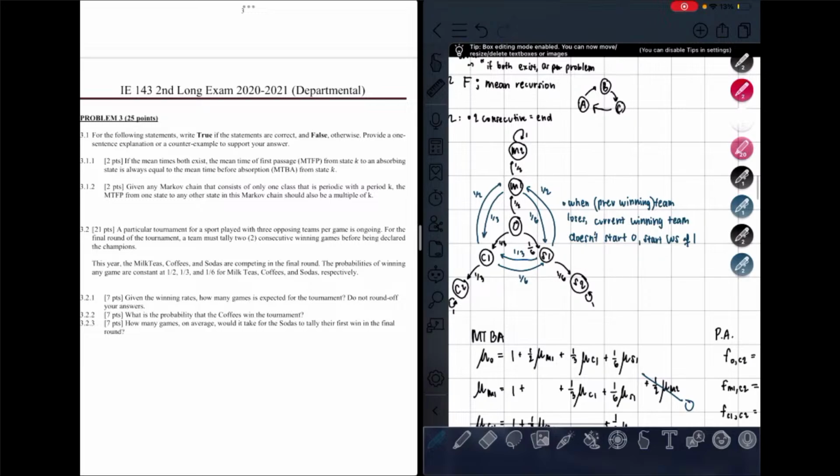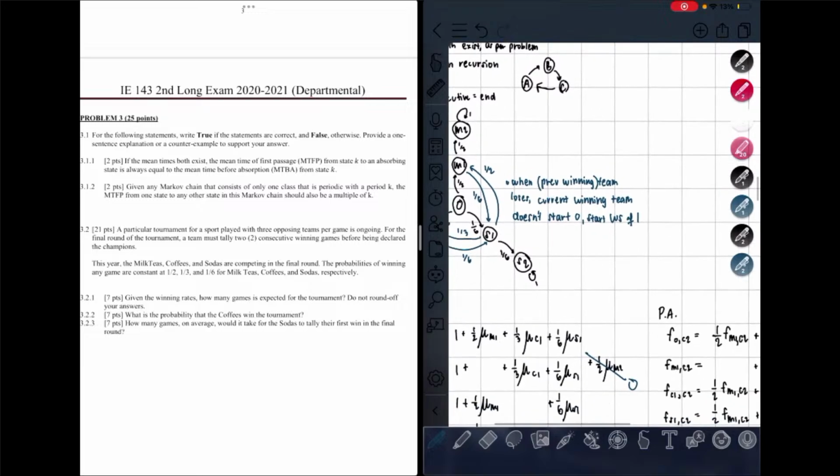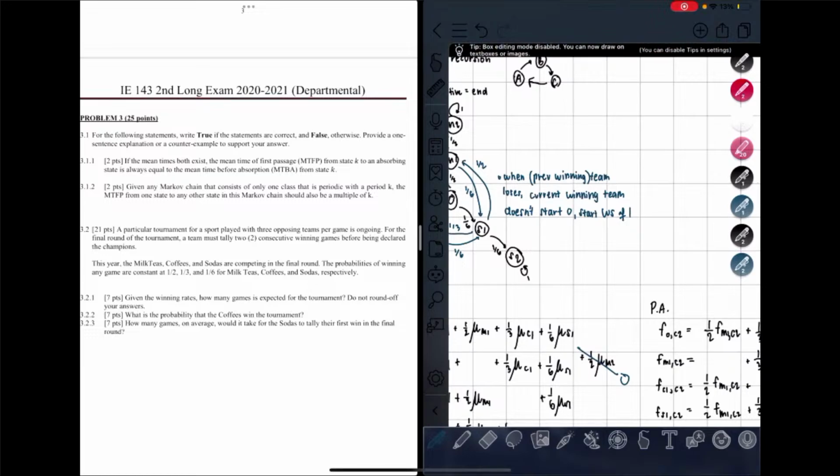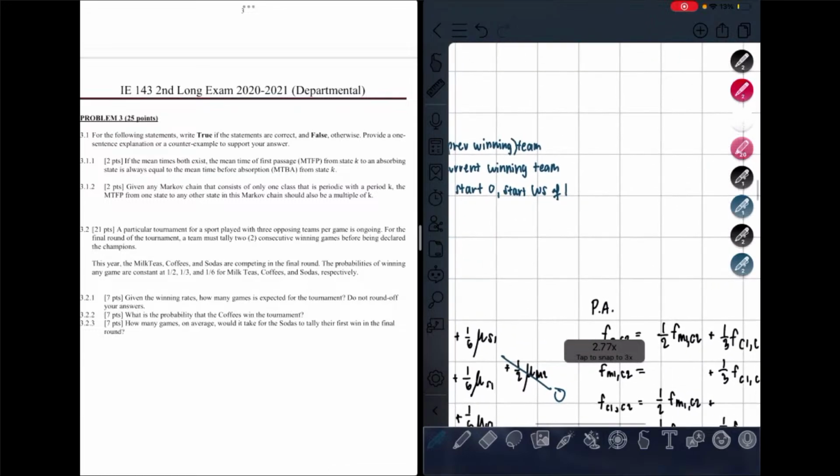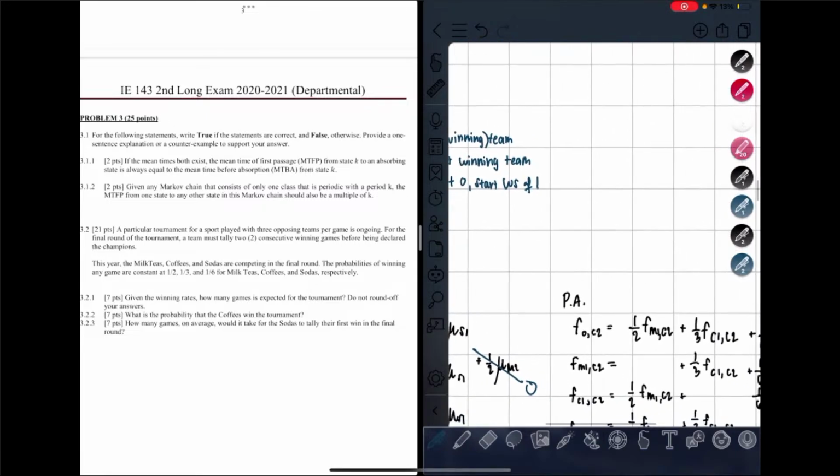Probability of you going from the initial state to an adjacent state, so a state accessible in one transition, times like whatever you're interested in. So F if probability of absorption, mu if mean time.